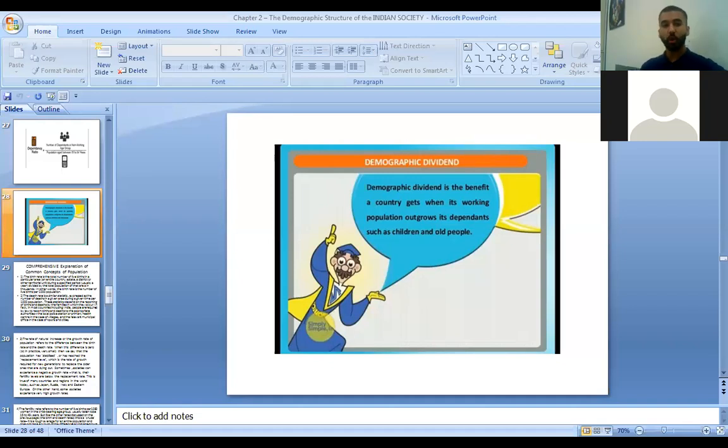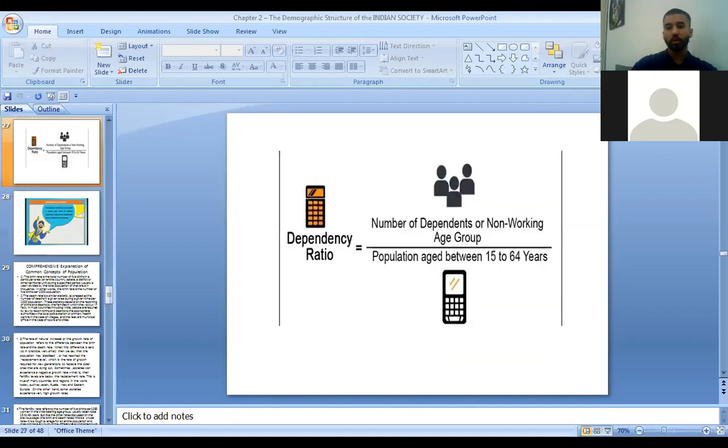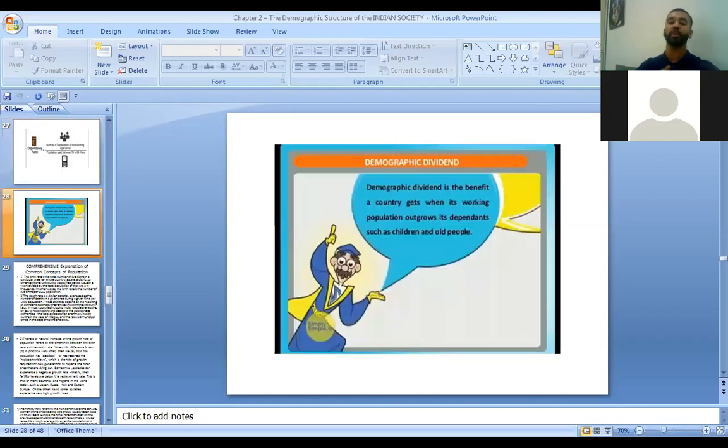When the working population is more than the non-working population, and under non-working population come your children between 0 to 14 and the elder people over 64, then it is a condition of demographic dividend.